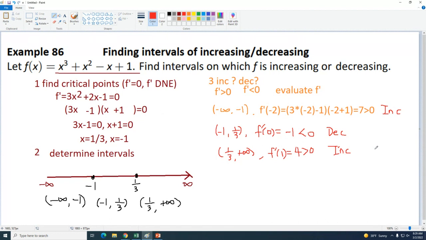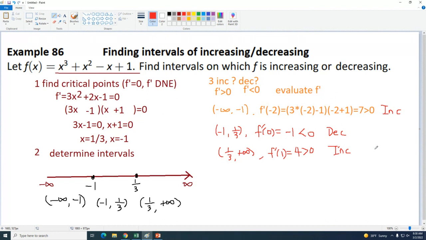So the intervals where the function is increasing are -infinity to -1 and 1/3 to positive infinity. The interval where the function is decreasing is -1 to 1/3. That way we can label each interval as increasing or decreasing, and I finished solving the increasing intervals for the function.